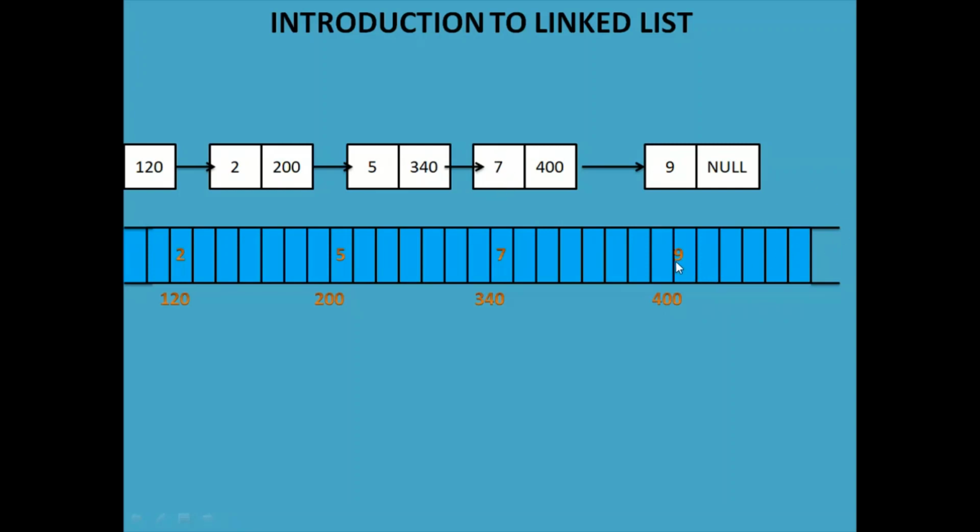Similarly, the value 9 is stored at address 400. The 400 can be seen in this node. Whereas the last node does not have any address, it has null. So this is the tail, this is the header. So in this way, the values are stored.